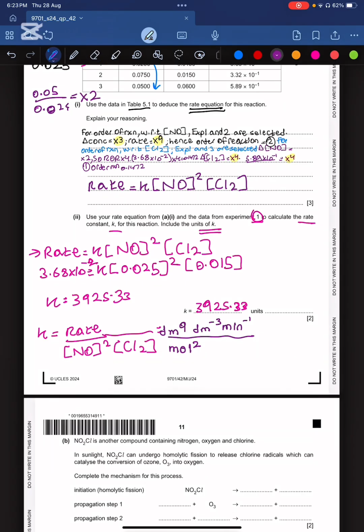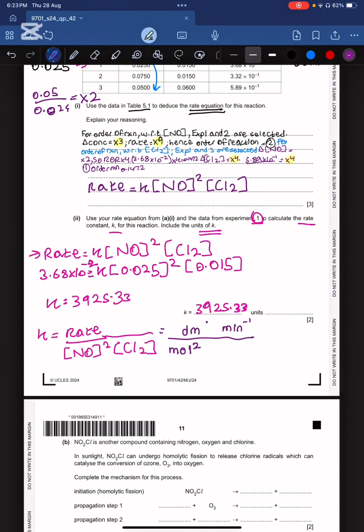So dm9 multiplied by dm minus 3 would essentially become dm6. So this becomes dm6 minute minus 1, and mole 2 goes upwards to become mole minus 2. So mole, since it becomes reciprocal, so mole minus 2 dm6 minute minus 1.